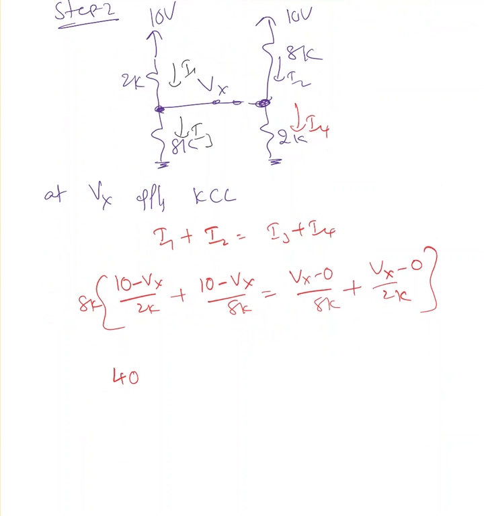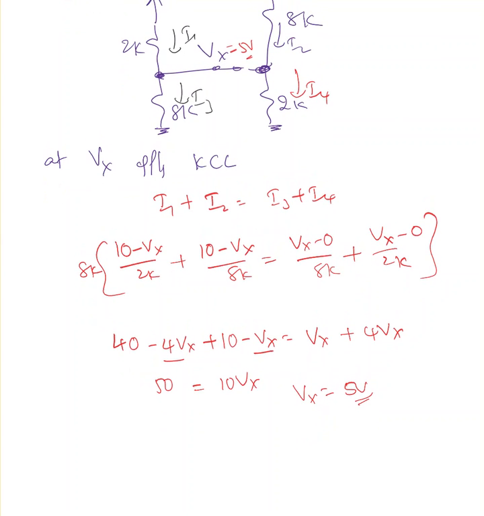So that is 40 minus 4Vx plus 10 minus Vx equal to Vx plus 4Vx. So 40 plus 10, which is 50, equal to minus 4Vx minus Vx, minus 5Vx. Take it to the other side. Here I have already 5, so 10Vx. So Vx must be 5 volt. So the voltage at this point must be 5 volt.